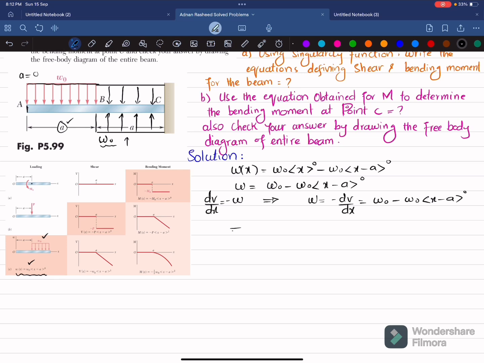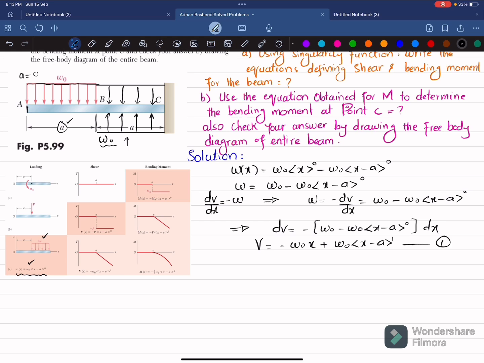So we get dV is equal to minus W naught plus W naught into x minus a power 0 into dx. If we integrate on both sides, we will get the shear force V equal to minus W naught x plus W naught into x minus a power 1, which will be the shear equation.